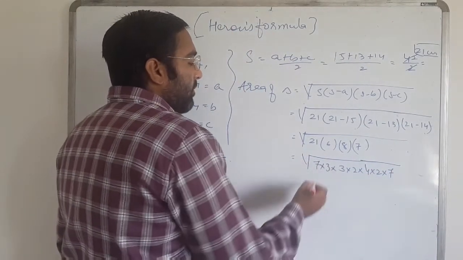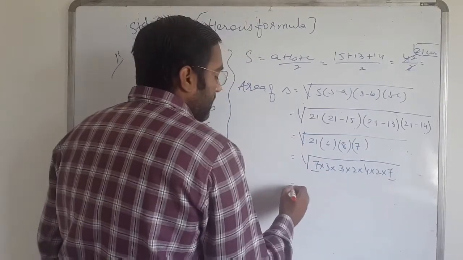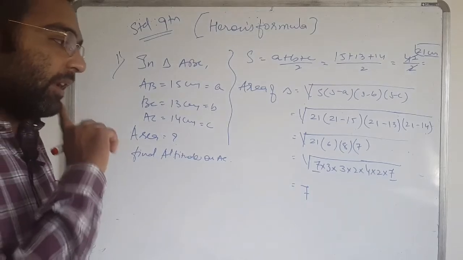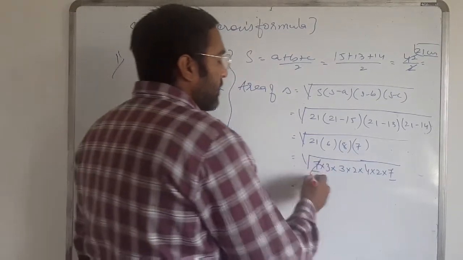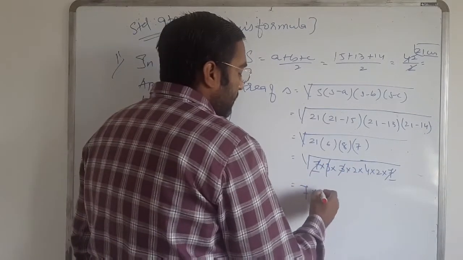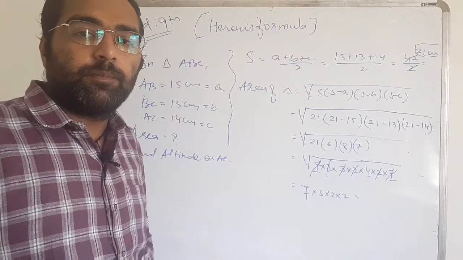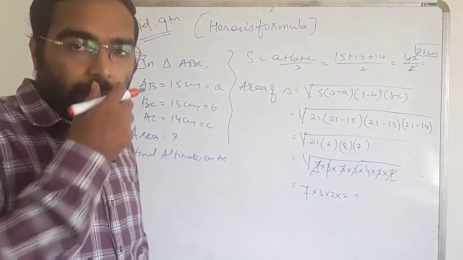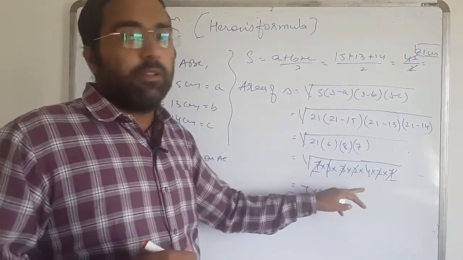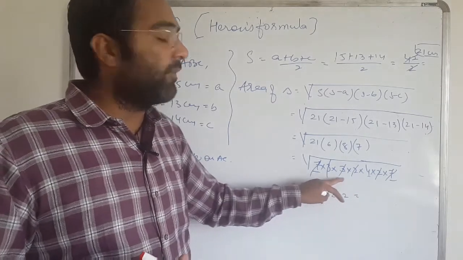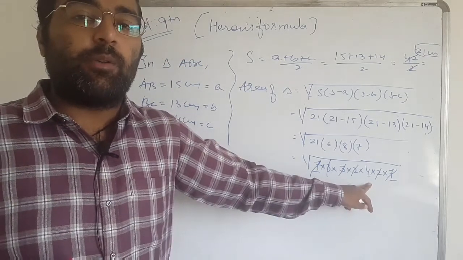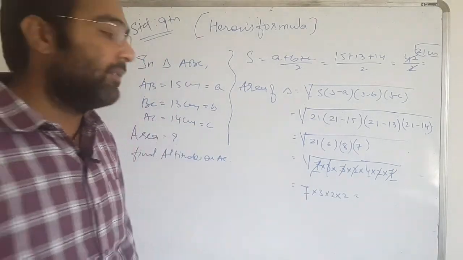Now the pair of 7 is found, and the pair of 3 is also available. So I'll take a pair of 7, then a pair of 3, then a pair of 2, and lastly the square root of 4, that is 2, and take these out as common.